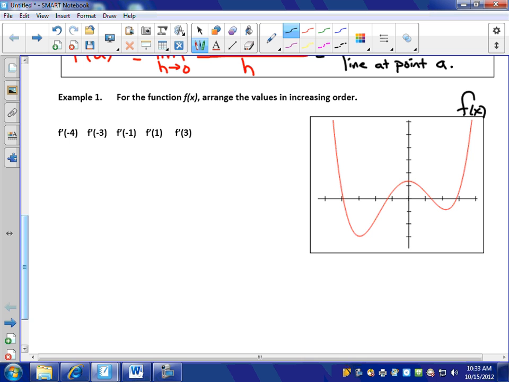So I first want to find negative 4, which would be, let's see, 1, 2, 3, 4. Would you agree that that's approximately the tangent line that would be represented at that point? Would you agree that that's a pretty negative slope? All right, let's just draw the lines first, and then arrange them in increasing order. F prime of negative 3.